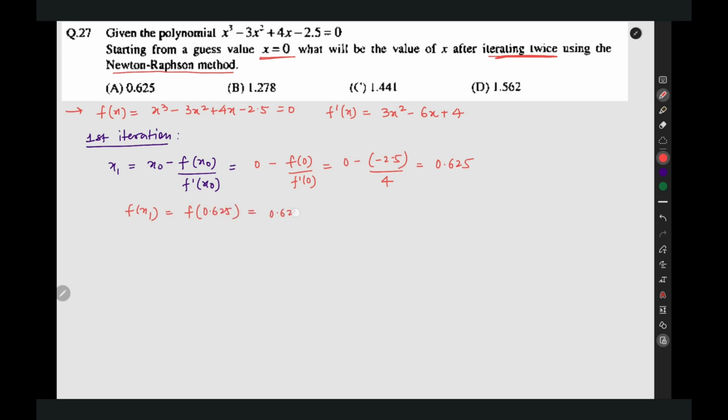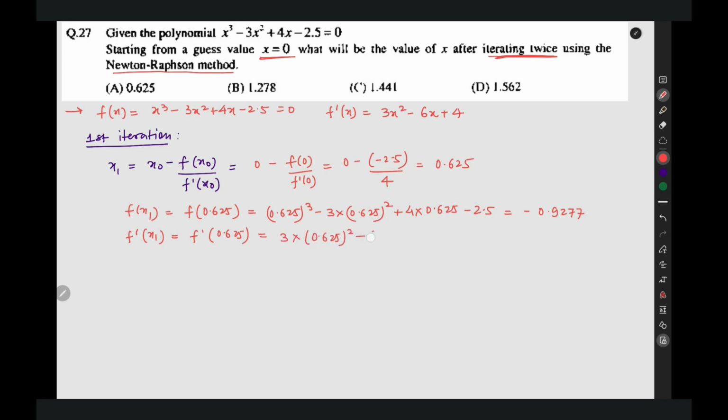It will be 0.625 cube minus 3 into 0.625 square plus 4 into 0.625 minus 2.5. After calculating, it will be minus 0.9277.